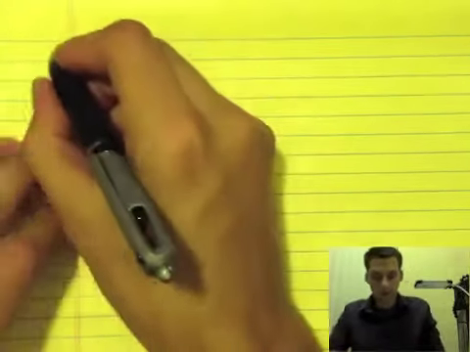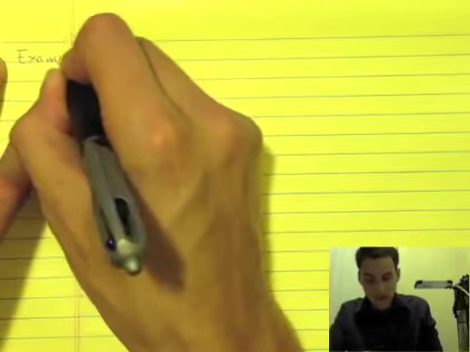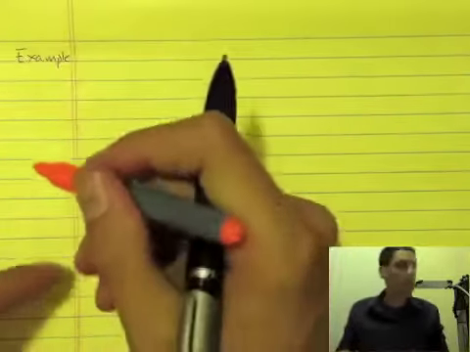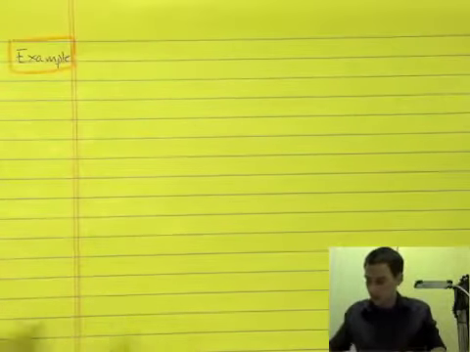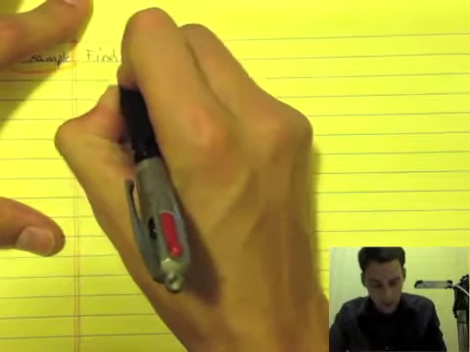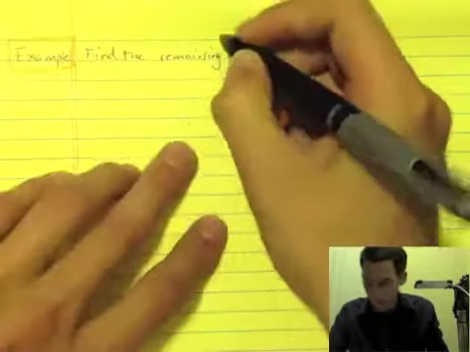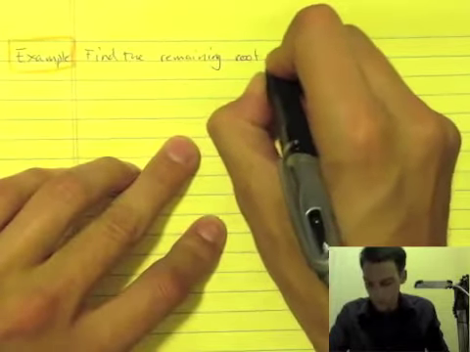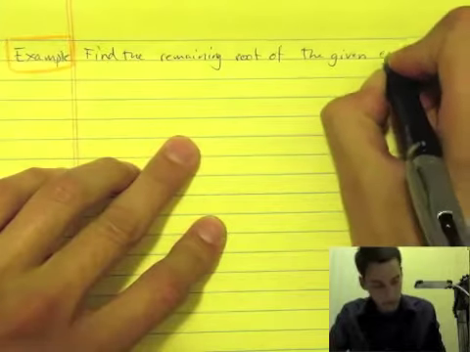The next example is really easy. I'm just showing you because you have stuff like this to do in your book. So let's do this. Find the remaining root. These are the instructions. Find the remaining root of the given equation.